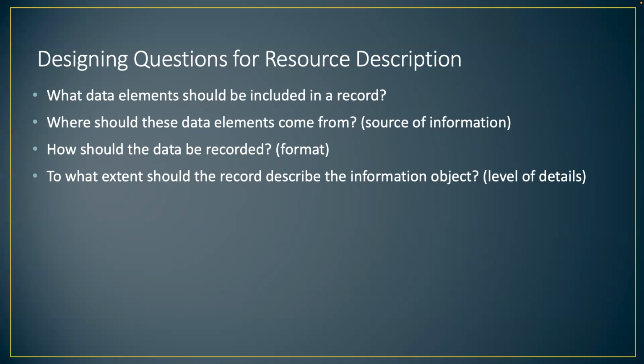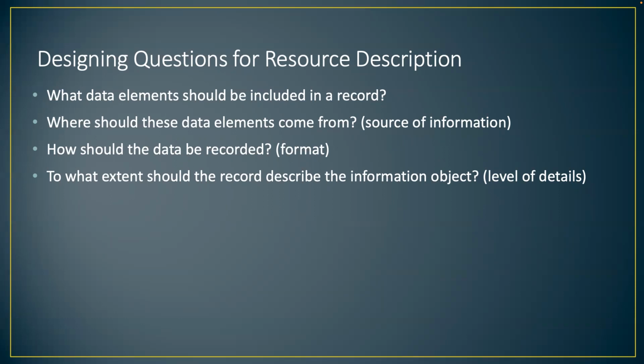But this is certainly a key role of the structural metadata like Dublin Core, to define the most basic metadata elements. But beyond this, we actually have a few other designing questions that are mostly covered by the content standards. The first is the source of information, or where should the data elements come from in the information objects?